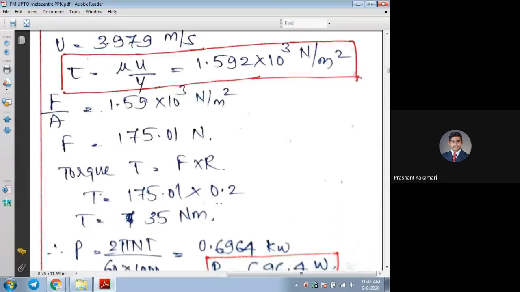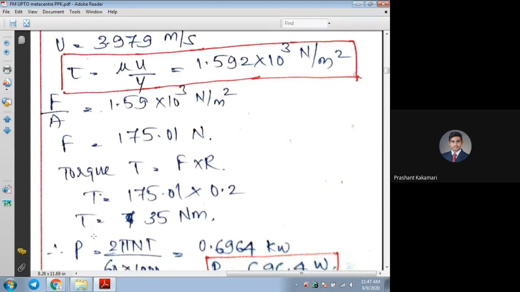Now we'll find out the minimum power required to rotate the shaft and to overcome the resistance of the lubricant between the sleeve and the shaft. That much power is actually lost. That minimum power will be lost between the lubricant oil and the shaft which is rotating.